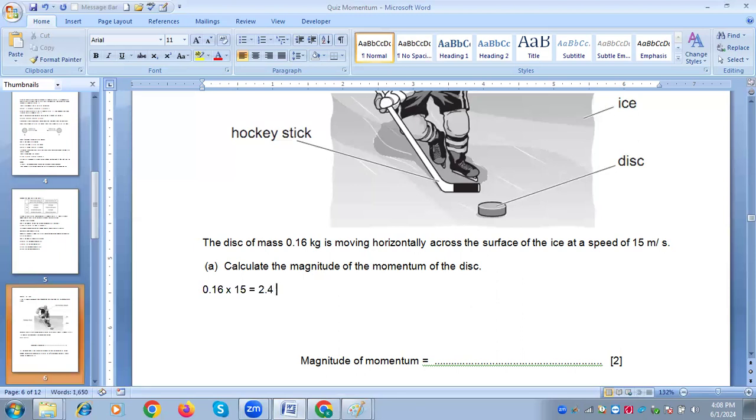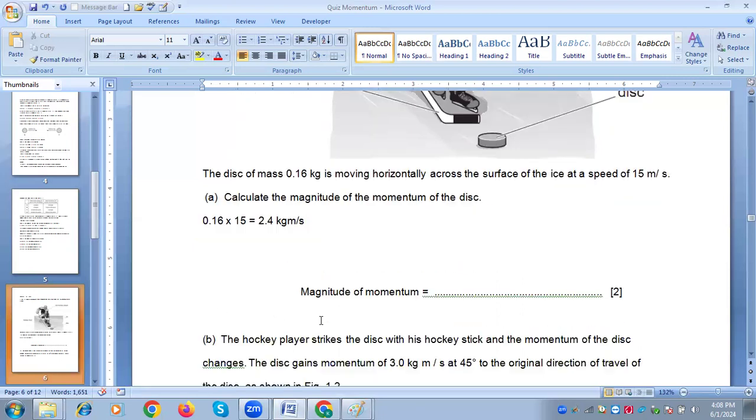So 2.4 newton-seconds, or kg meter per second. This is the answer for the momentum of the disc.